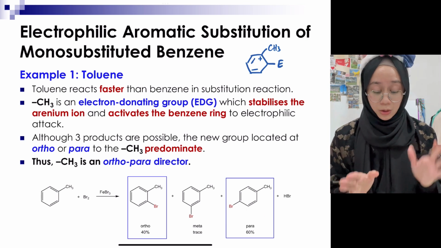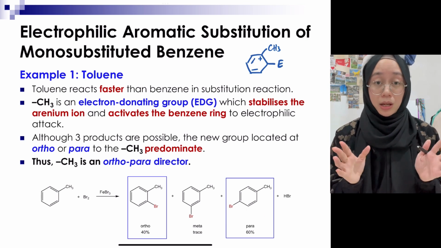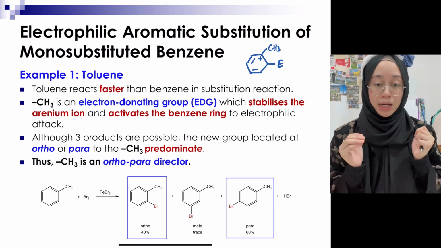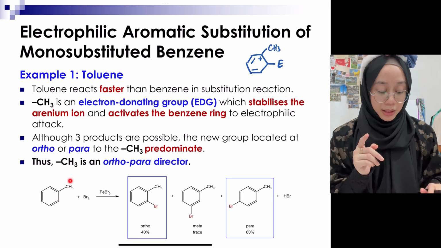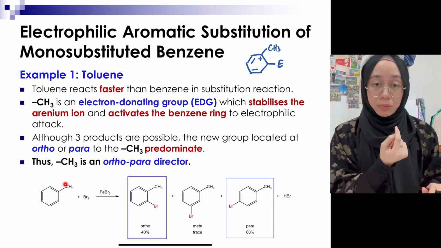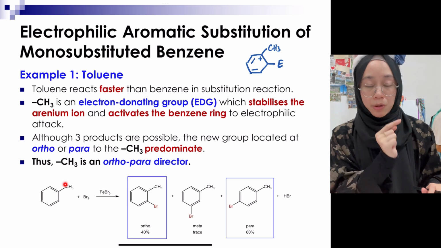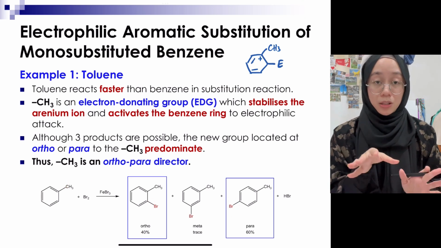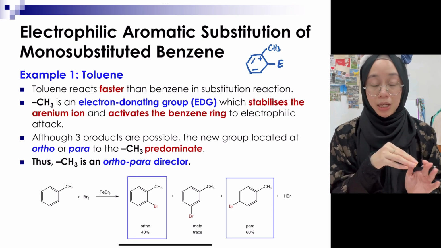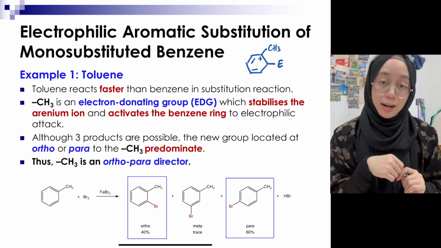So we can see that ortho and para predominate. It means that when there is a methyl group and a second group wants to enter, it will put the new group at the ortho position and also the para position. So that is why CH3 is called an ortho-para director.